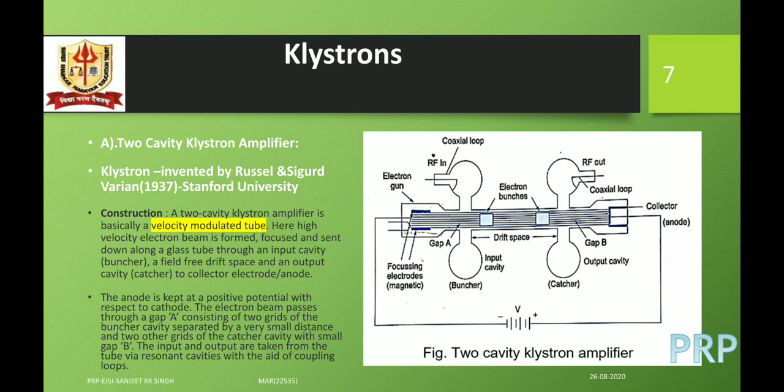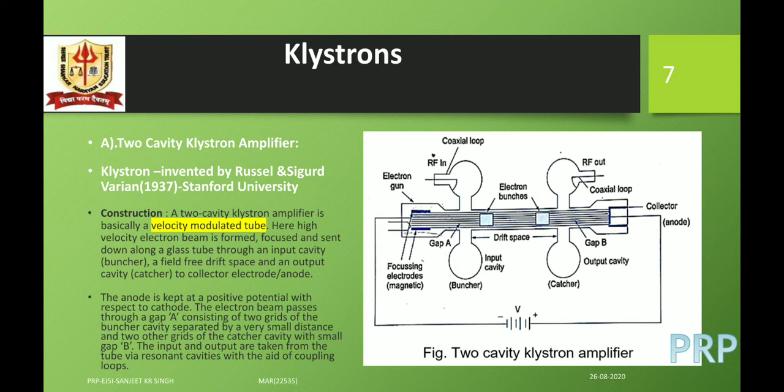For the operation, when the filament is heated, the electron gun cathode emits an electron beam, which is focused into a narrow beam with the help of the focusing electrodes, a magnetic arrangement.